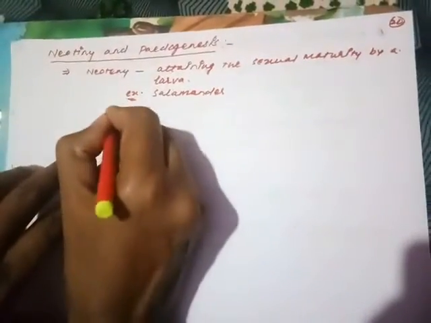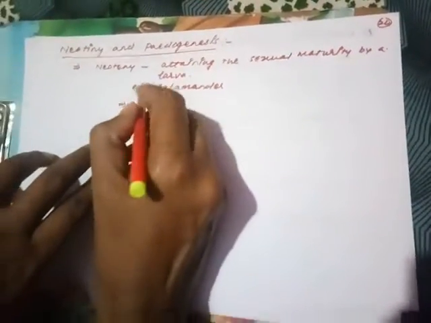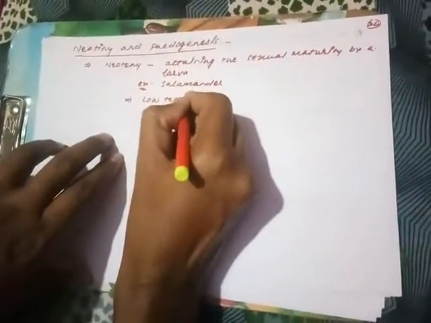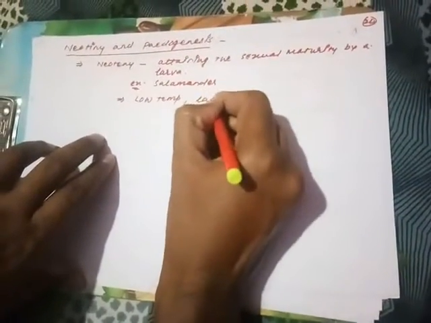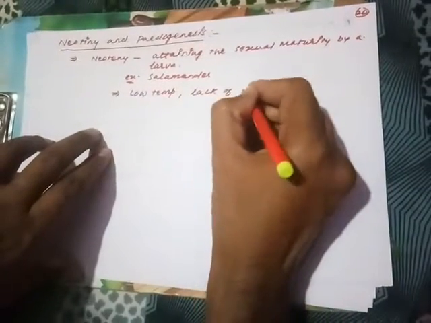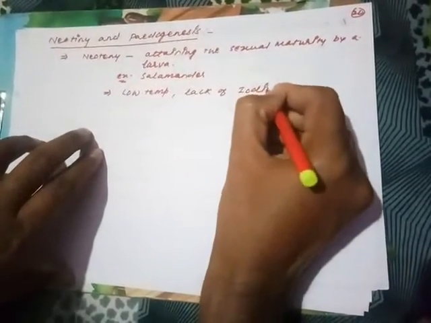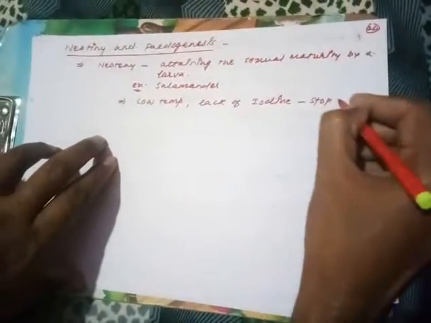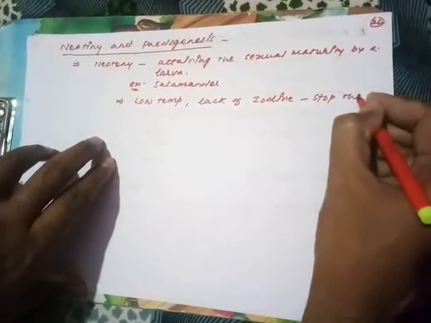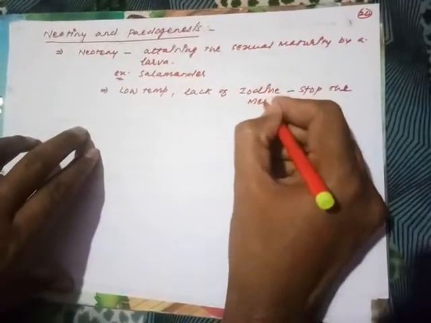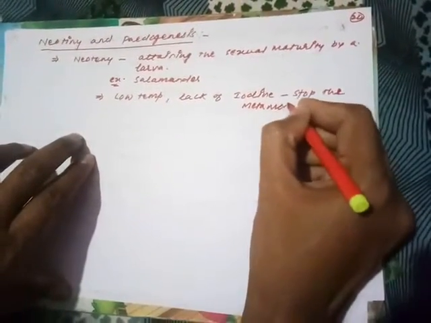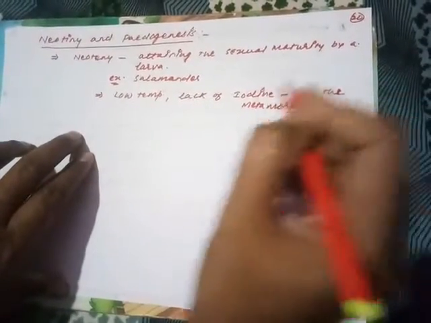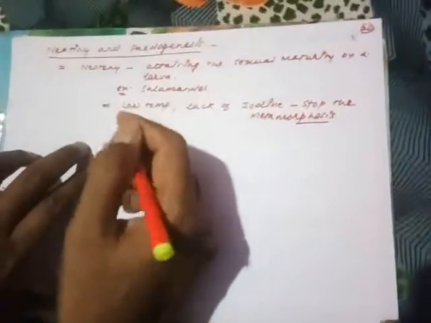The factors are basically the lack of iodine and the low temperature, which stop their metamorphosis, and that is why they remain in the larval stage only.